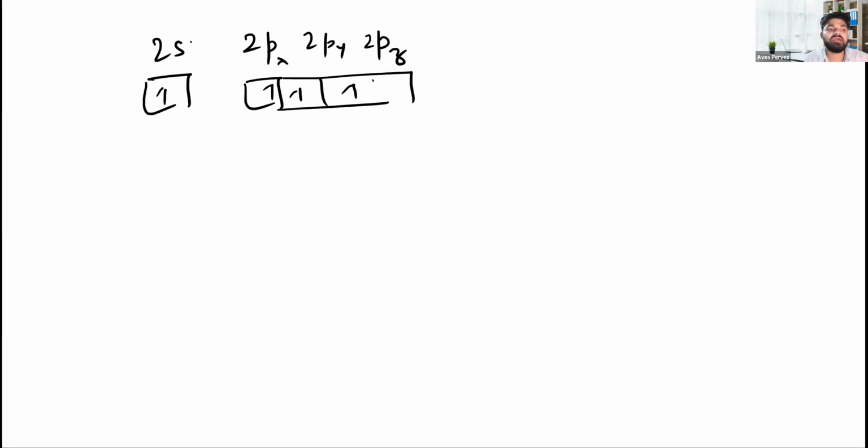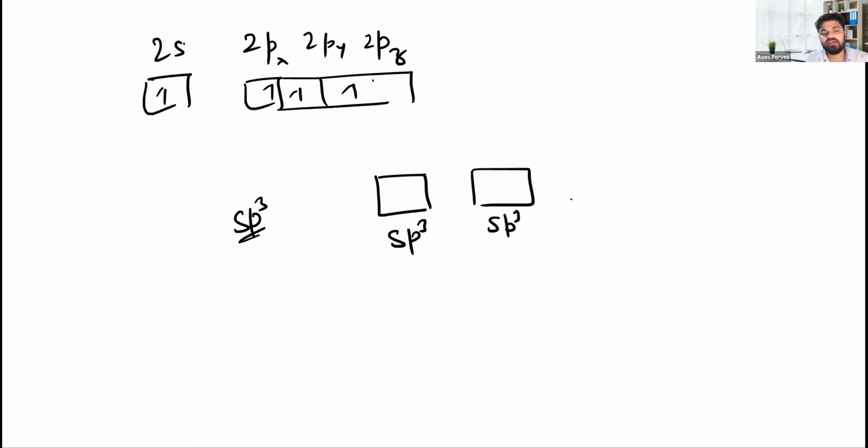Since one s and three p orbitals mix, we name it sp3. There will be 4 hybrid orbitals made from this, and their names will be sp3, sp3, sp3, sp3. They are the hybrid orbitals.